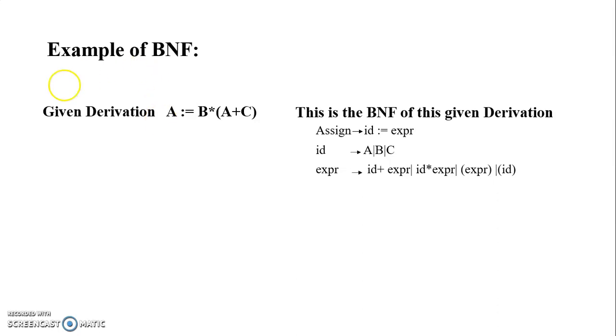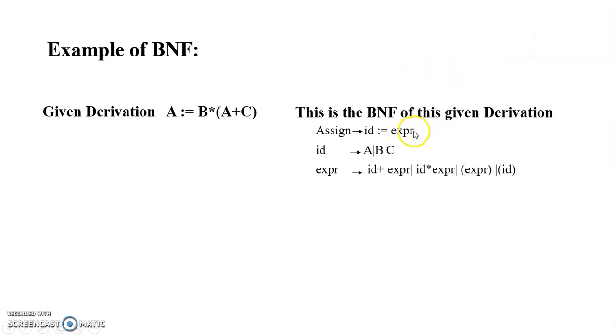So this is the given derivation, and this is the BNF of the given derivation. Let's see why we are writing it this way. Here we are assigning some terminals and non-terminals. First we write assign, then ID, which is assigned to expr.